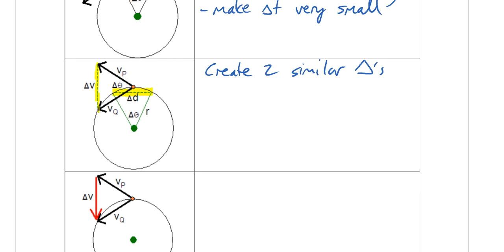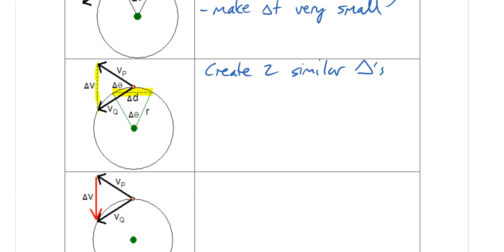Since these two triangles are similar to each other, all of their proportions are equivalent. The ratio of the sides will always be equal, because that's what similar shapes do. The triangles can be bigger or smaller, but the ratio of the sides will be the same.